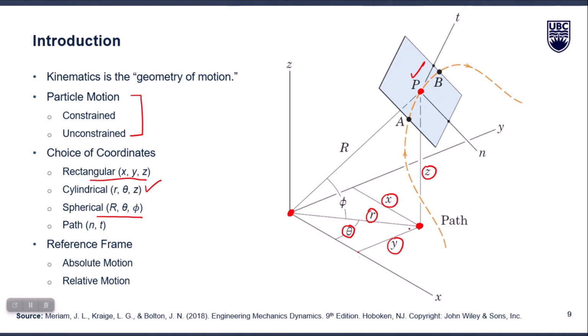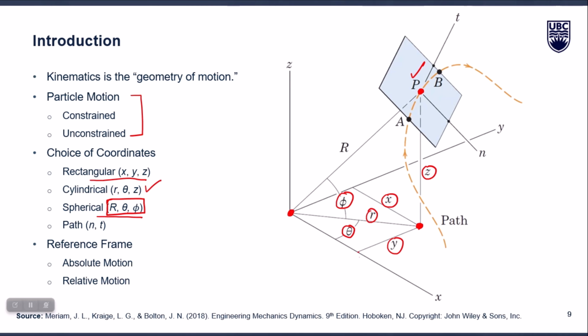So if we know the length of capital R, if we know small theta, which small r is making with one of the axes, and if we know another angle called phi, which is the angle between small r and capital R, like an angle in the vertical direction between the shadow of capital R and capital R itself, so that phi also needs to be known. If you know this triplet, you again can reach the same point, right?